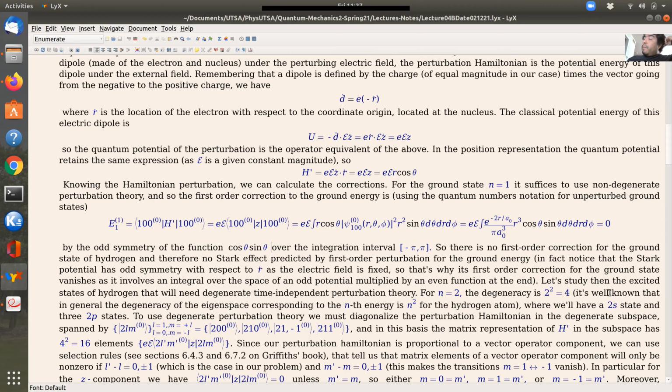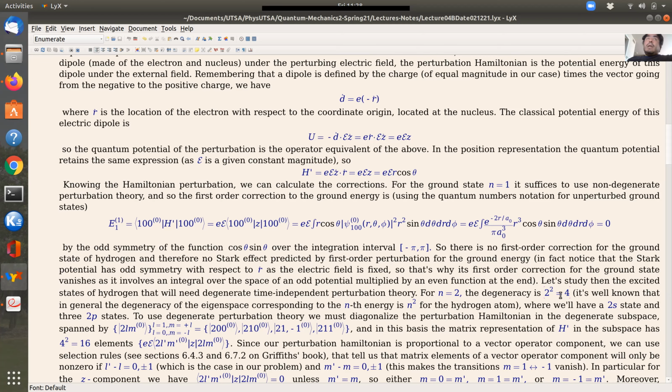And in general, if you remember your course of quantum mechanics of last semester, states of hydrogen that are related to the nth energy level are n squared degenerate. So for 2, you have 2 squared, of course. For the case 1, it's not degenerate because it's dimension 1. So again, the degeneracy of the eigenspace corresponding to the nth energy is n squared for the hydrogen atom.